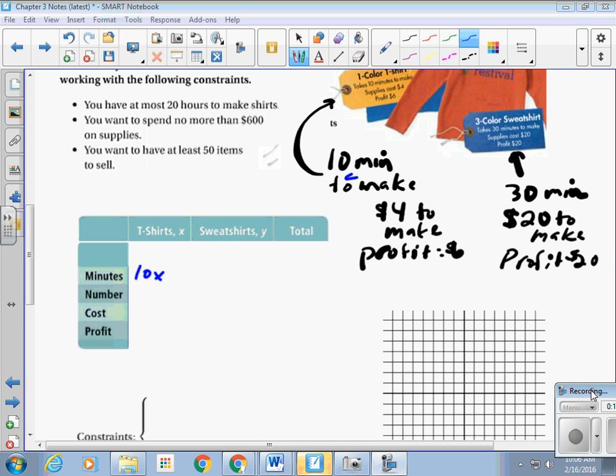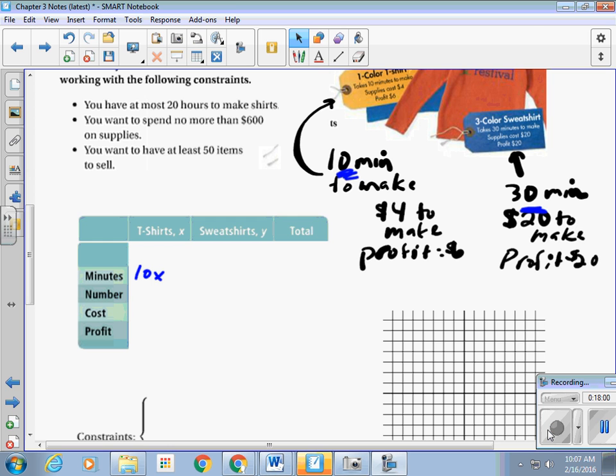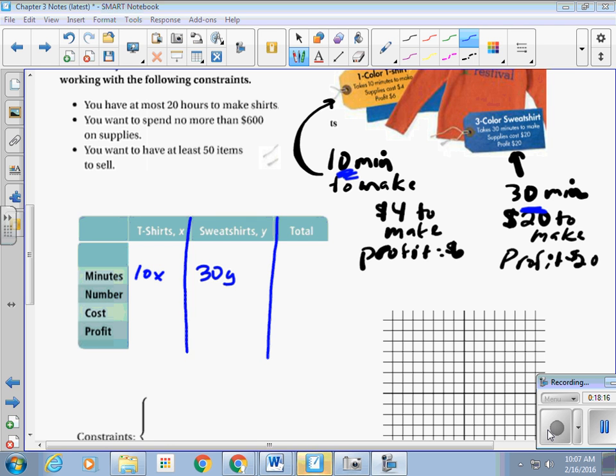It's going to be times the, so it's 30Y. So it's the amount of minutes it takes to make one times however many were put together. So our total is going to be the sum of these two. So it's going to be 10X plus 30Y.